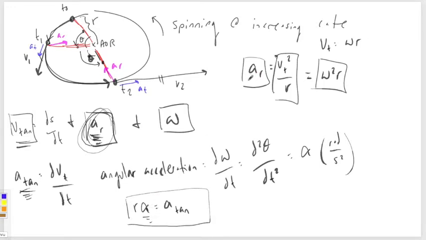I'm just begging you not to get angular acceleration, which is the acceleration with respect to the angle that's being swept out, confused with radial acceleration, which is the acceleration, linearly speaking, that is always present pointing into the center of the path, whether an alpha is present or not.